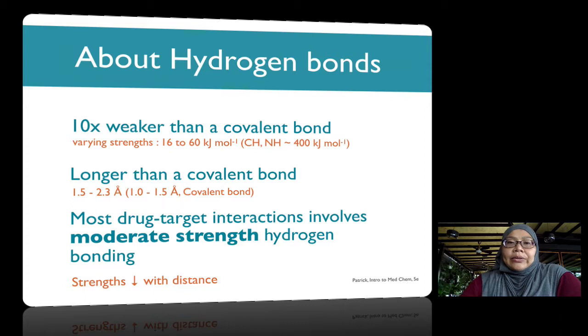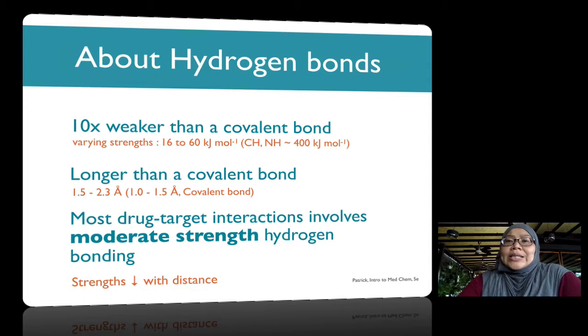Now, if you compare that to hydrogen bonding, it is about 10 times weaker than a covalent bond. Sometimes it's considered a weak electrostatic interaction. Depending on how much the orbitals overlap, the strength is about 16 to 60 kilojoules per mole.